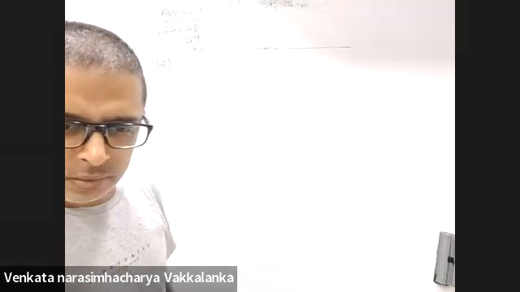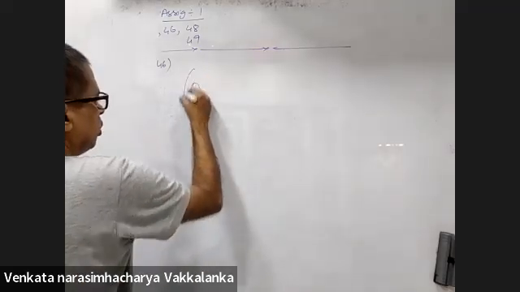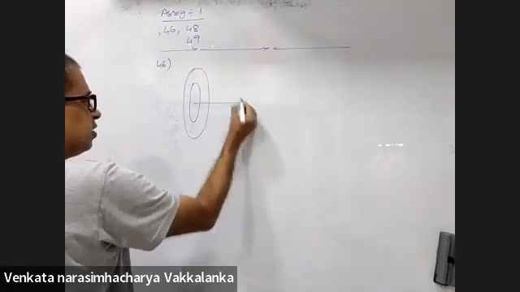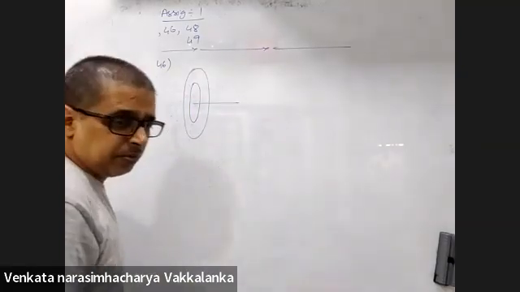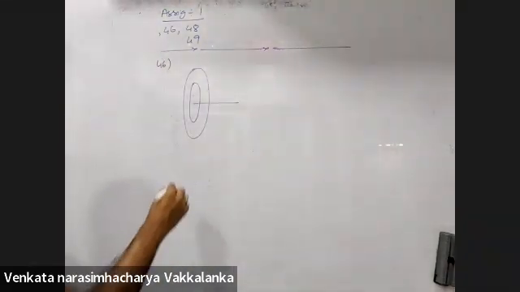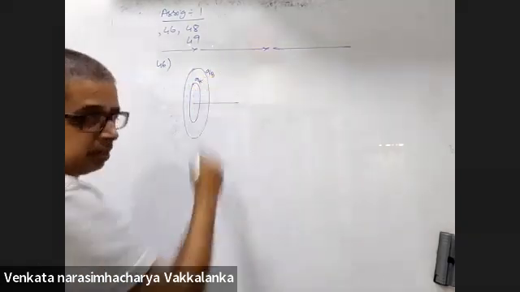46. Here is a correction in 46. You have got two rings. Because of the first ring there is a field here, and because of the second ring a field here. Equate both of them; the net should be 0. This is QA and this is QB.